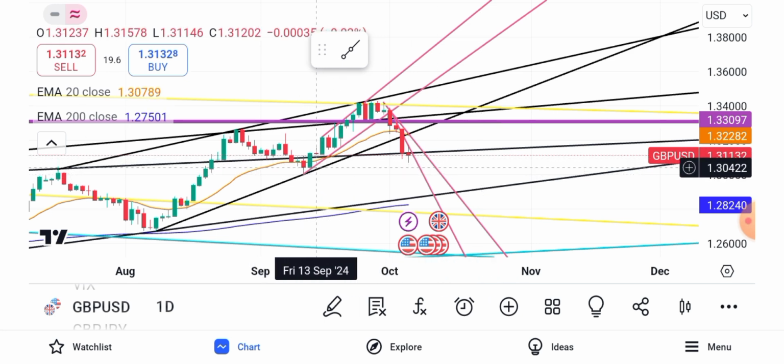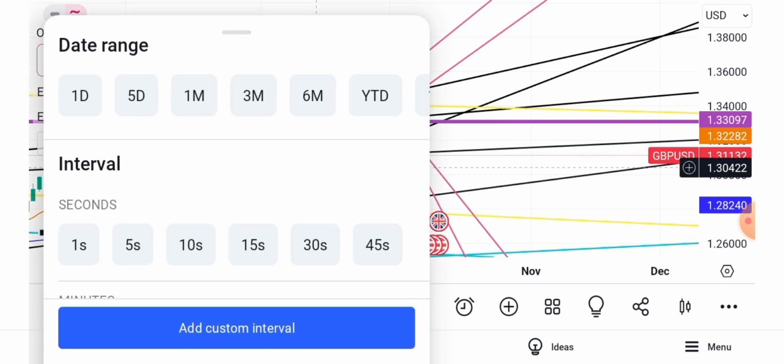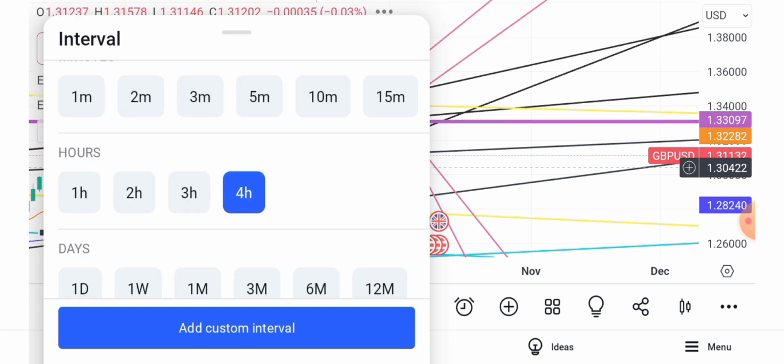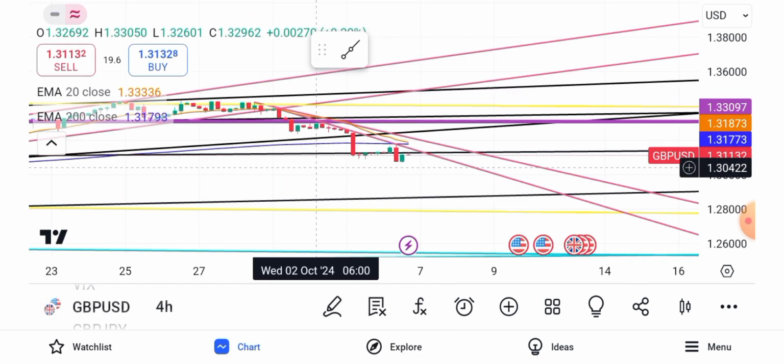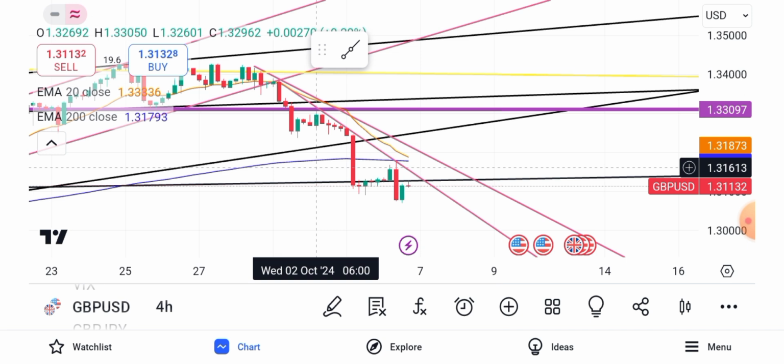So this is still an uptrend according to the daily chart. But through the 4-hour chart, the 4-hour chart is saying a different story. It's saying now this is actually a downtrend. So that's why everything you do in trading is 50-50.